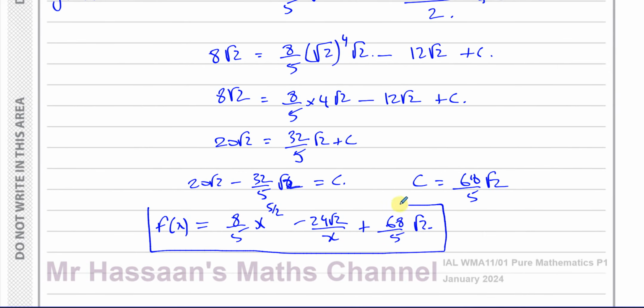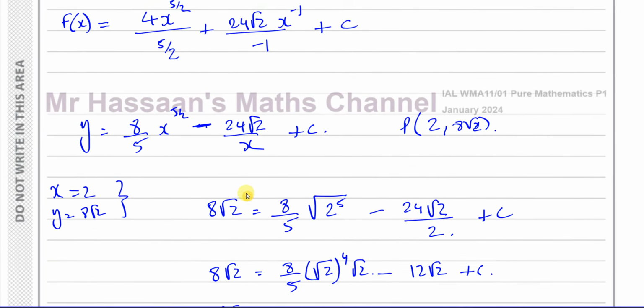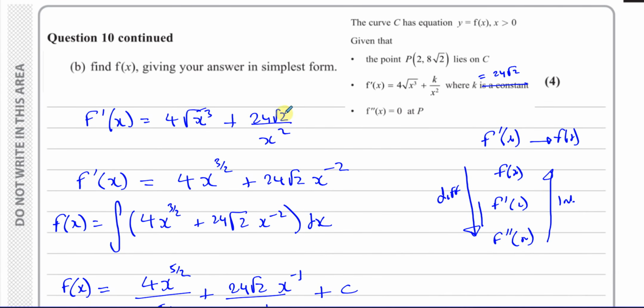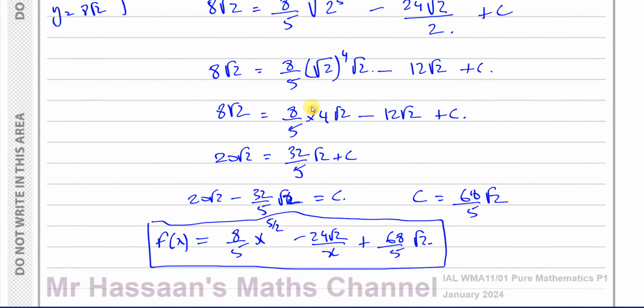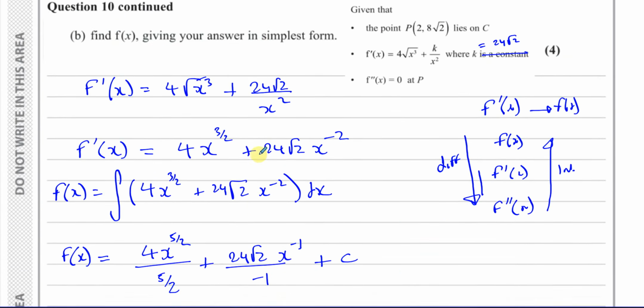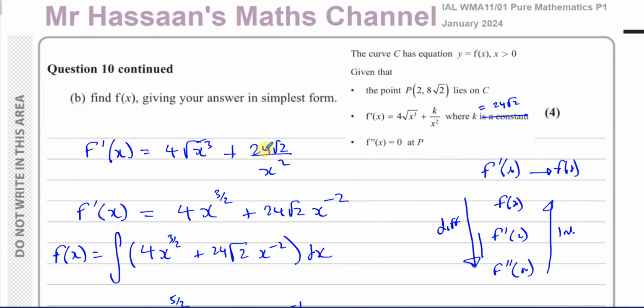And that's the equation of our curve f of x. That's what they ask us to find, in simplest form. I don't think it simplifies more than that. 68 over 5, that's correct. So there we have our answer for f of x, and that completes this question and this paper.